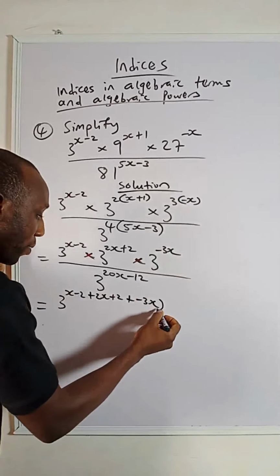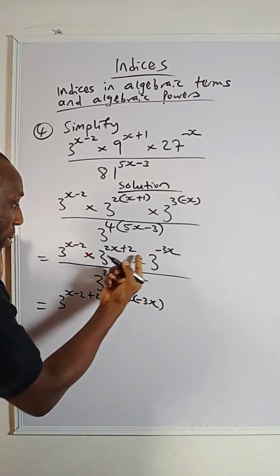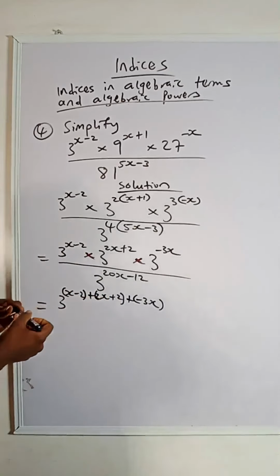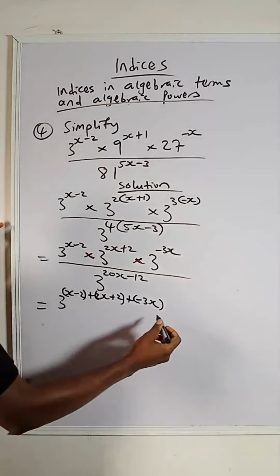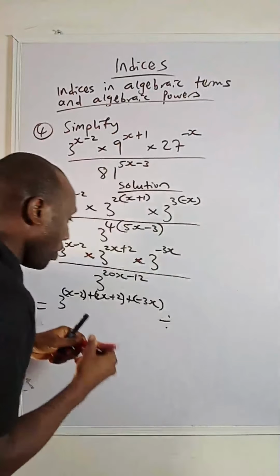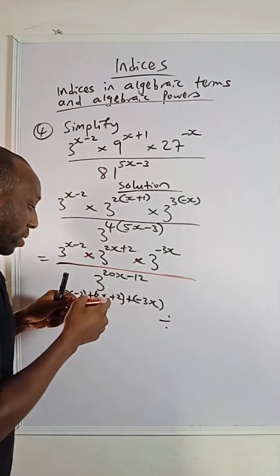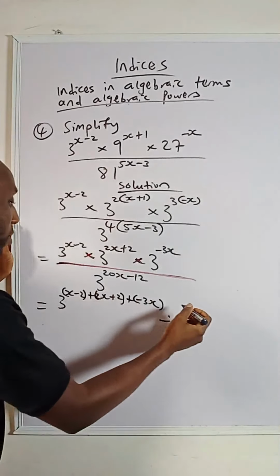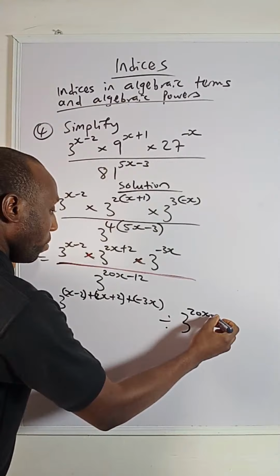Maybe I should just separate this so you know where they're coming from. Negative 3x is from here. 2x plus 2, see it here. And then x minus 2, see it here. Is that okay? Then I can write divided by 3 raised to the power of 20x minus 12.